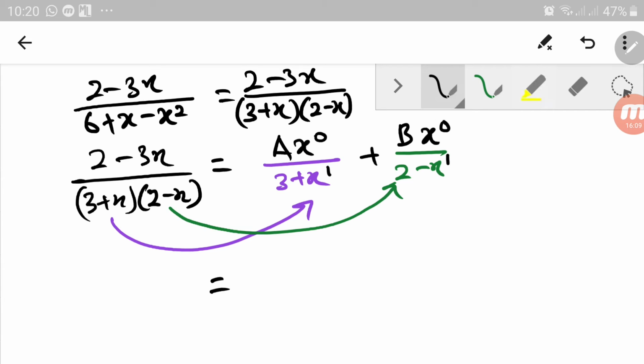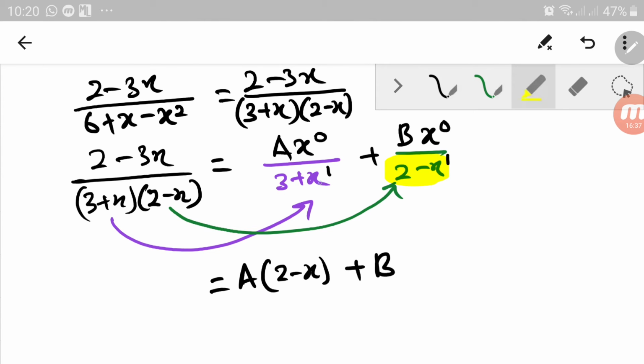Now just now I shared with you the trick to combine this fraction, right? So over here A already has 3 plus x, so what A doesn't have is 2 minus x over here. So bring over there 2 minus x. And then plus. Now B, B already has 2 minus x.